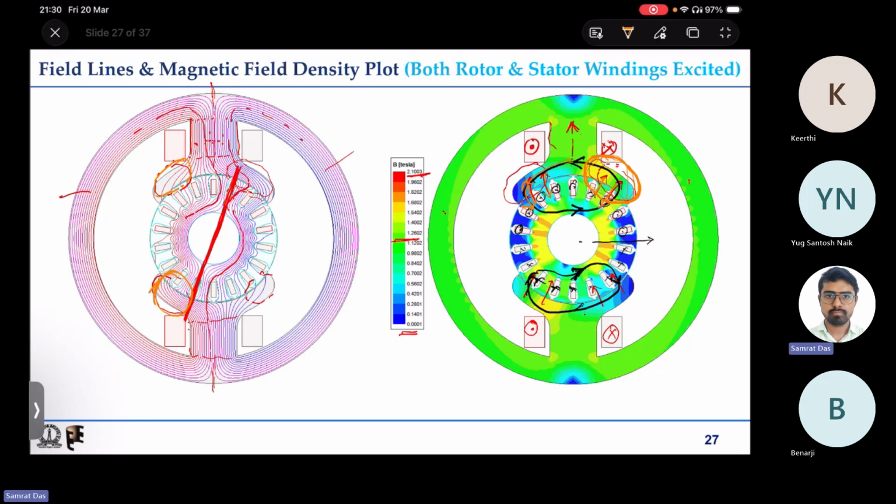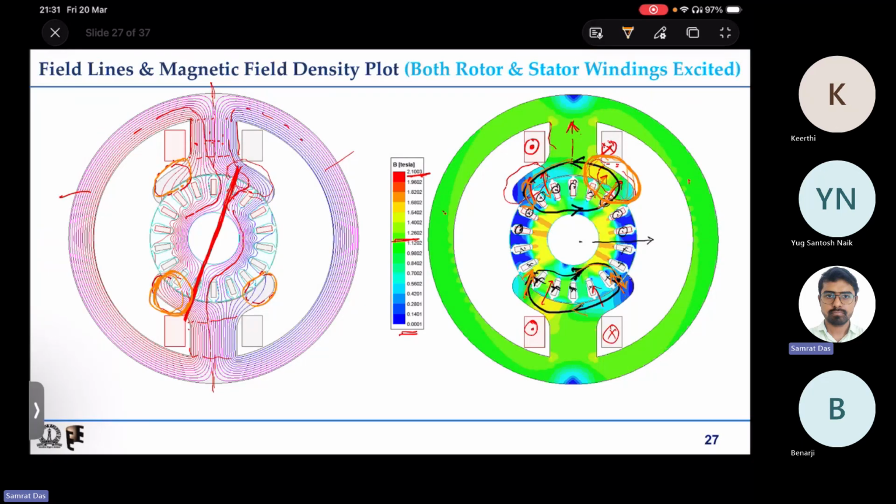And the same thing you can see on the left hand side of the bottom stator pole shoe. Here the armature flux lines are radially inward, and the stator field flux lines are also radially inward. So both get added up, and you have high flux density on the left hand side. And here the stator flux is radially inward, but the rotor flux is radially outward, so they get cancelled, and that is why you have weakened flux density on the right hand side of the bottom stator pole shoe.